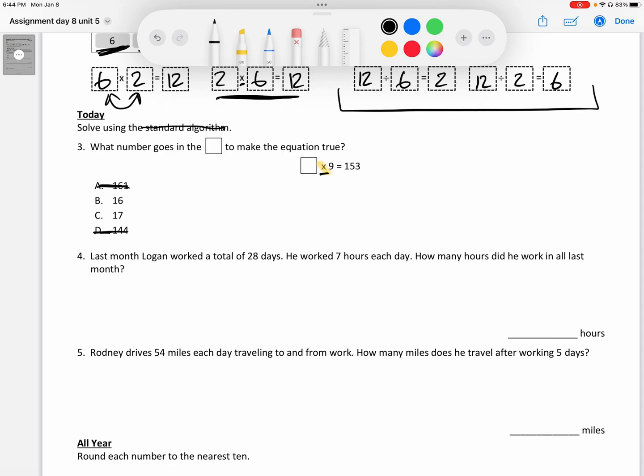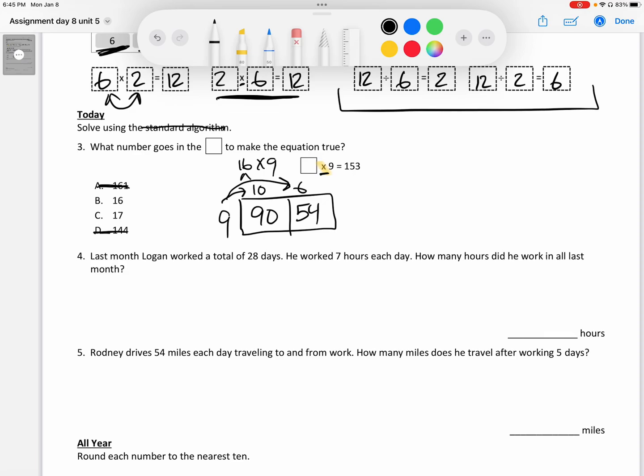So now I'm down to two answer choices, B and C, and I can just try them both out. I can do 16 times 9 and see what I come up with. And for this one, we'll practice with the area model. 9 times 16, I need to decompose 16 into 10 and 6, into the 10s and the 1s. 9 times 10 is 90, and 9 times 6 is going to be, what is 9 times 6? 54.